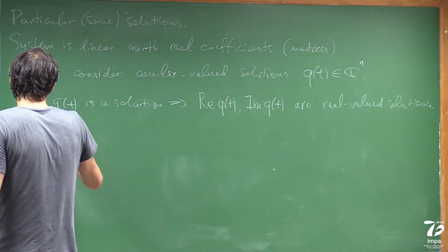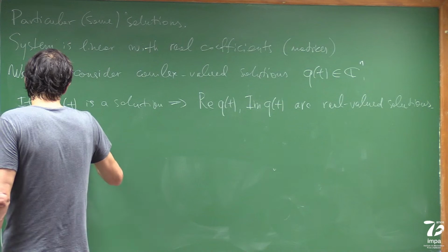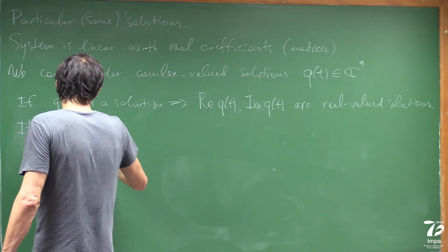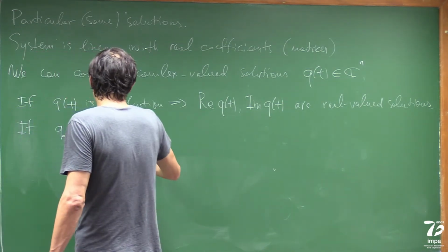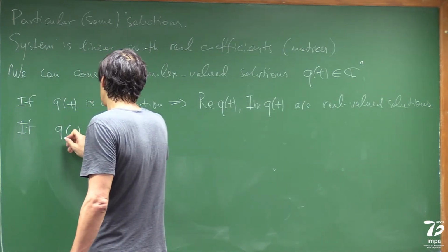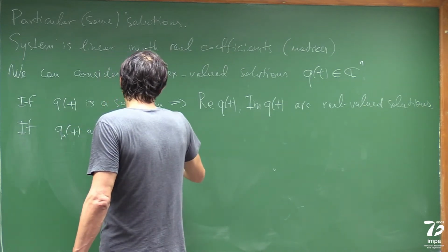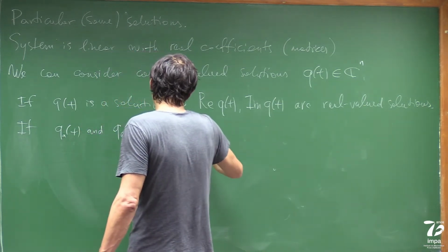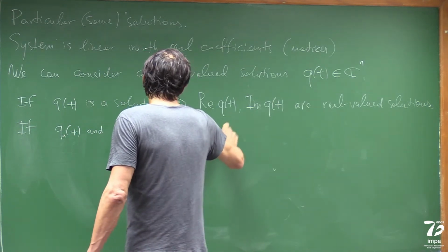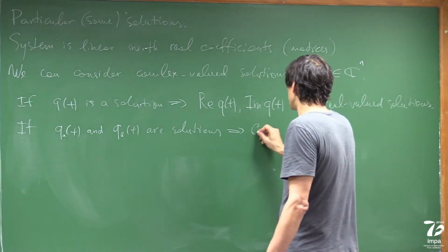Another part is that if you have two solutions, say QA and QB, then any linear combination is also solution.